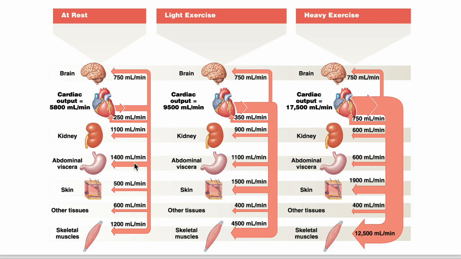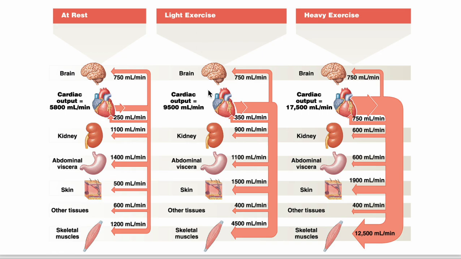So we want good chunks of blood going to these major organ systems so that they can do their regular job. And there's also a good chunk of it going up here to your brain, because your brain just has a high rate of metabolism all the time.